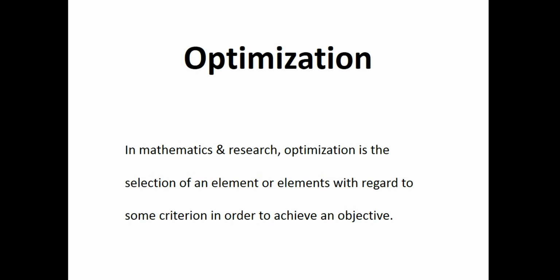This certain criterion is called problem constraints in optimization, and we need to find the variable values in a way that they minimize or maximize an objective. The objective is called an objective function in the optimization problem.